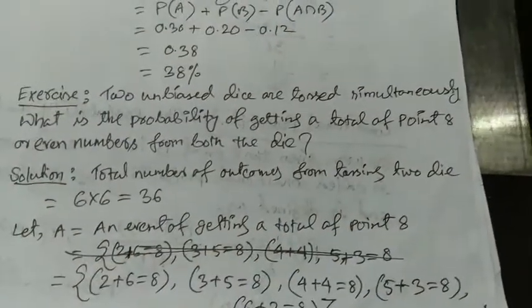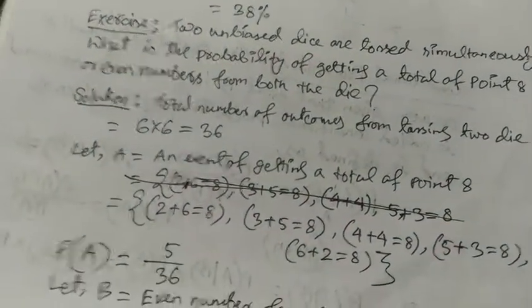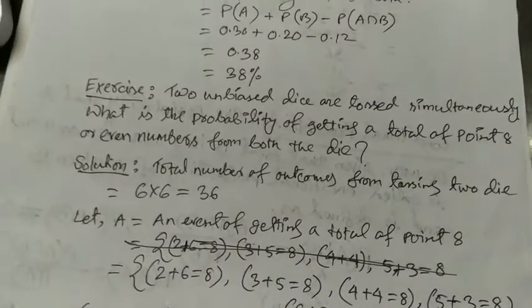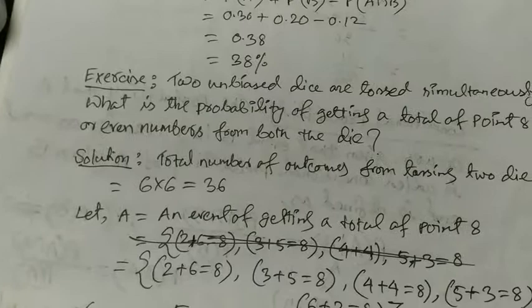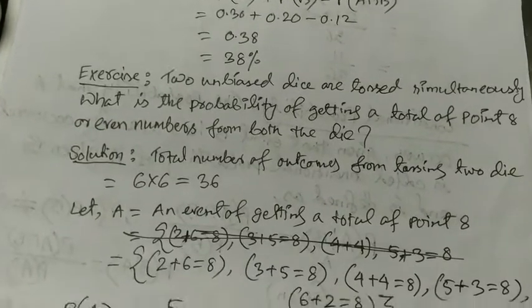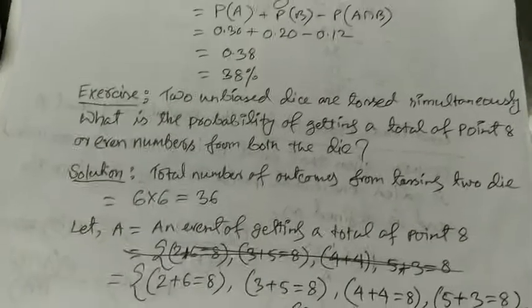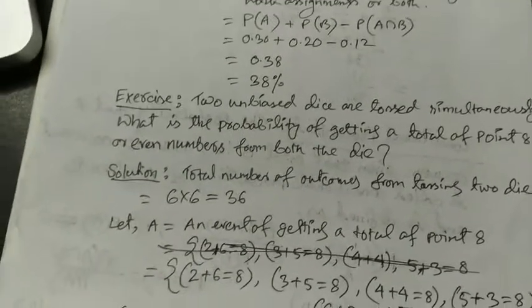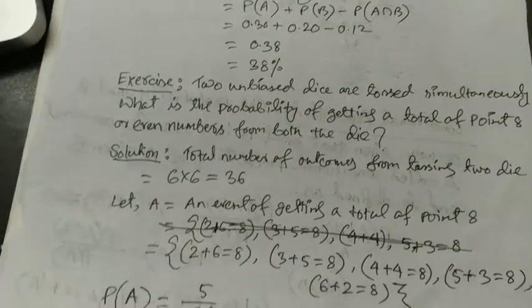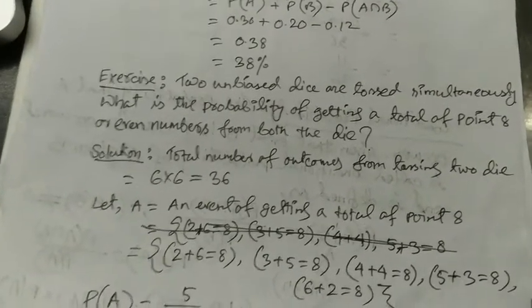After we toss or roll 2 dice, we need to add the numbers of both the dice. For example, if we get 2 from the first dice and 6 from the second dice, the summation is 8, so the total is 8.